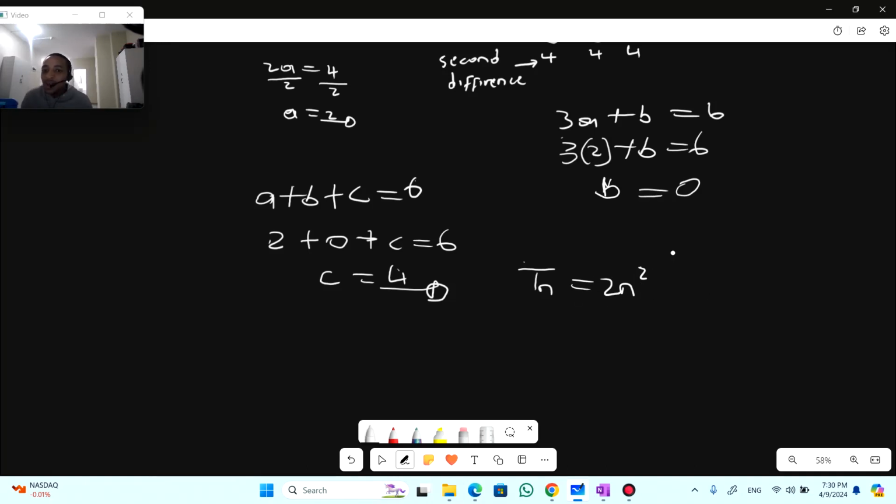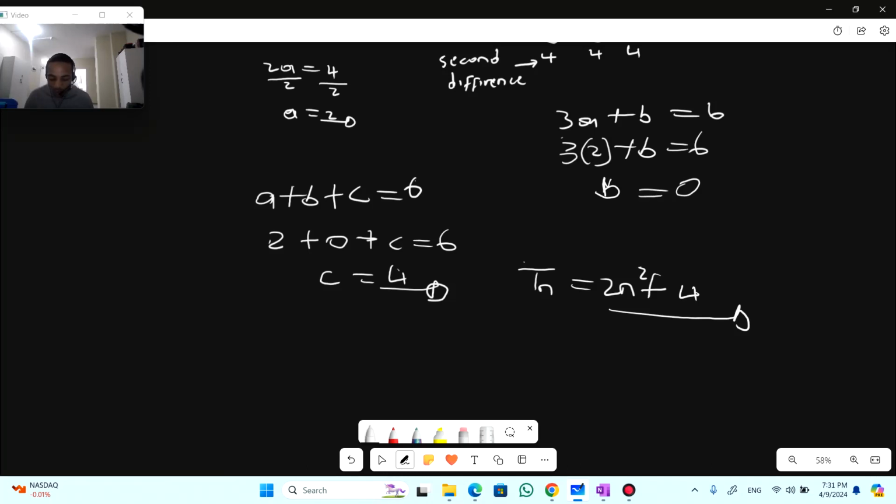Since the value of B is 0, that term will be 0, so you cannot write it. So we'll just say plus 4. So this is your equation for this sequence.